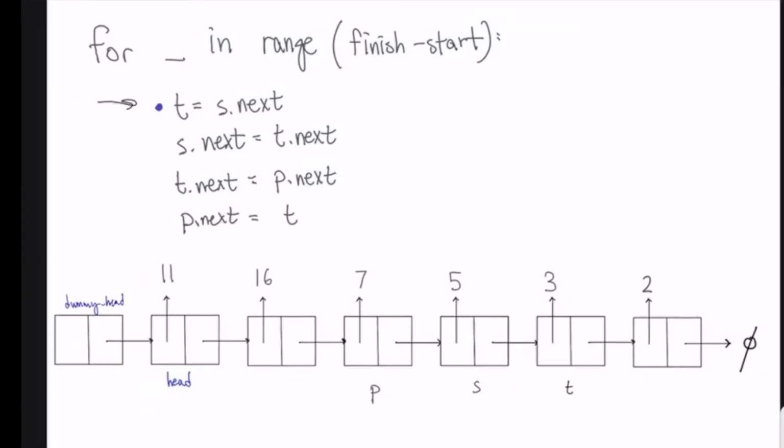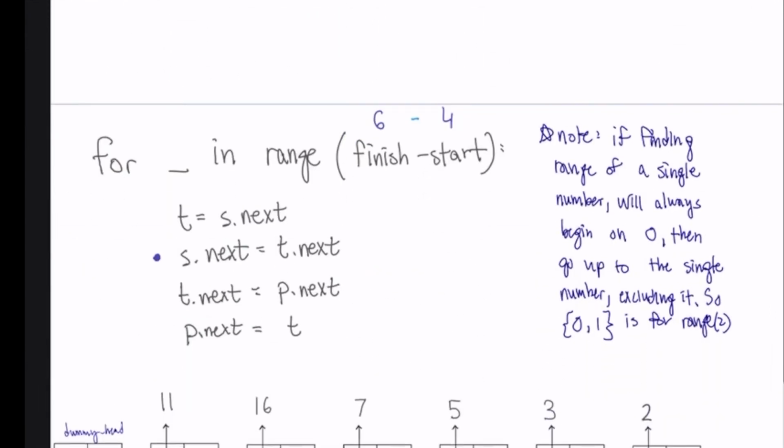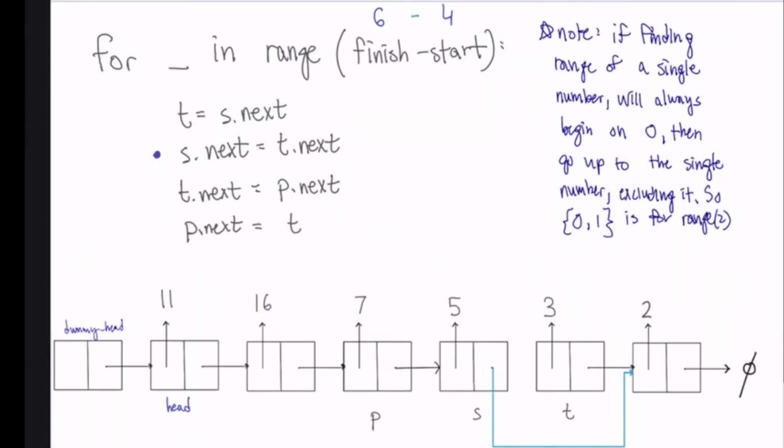So now that we have t equal to s.next, we can look into s.next equals t.next. And s.next is this arrow, and we've actually moved it so that s.next equals t.next. t.next is this node, since t.next is pointing to this node, and s.next is this arrow, which we're actually moving to point, instead of pointing to the node that has t, to the node that t.next is pointing to.